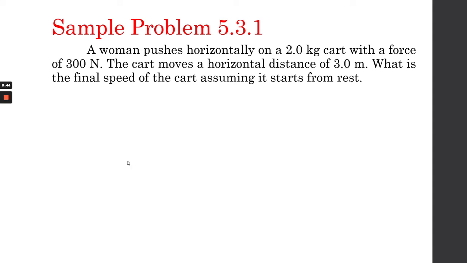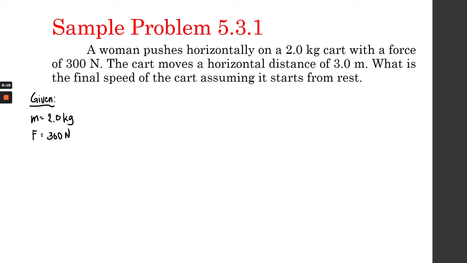So let's begin by writing our givens. Given for our problem, we begin with a woman who is pushing this cart with a mass of 2 kilograms. So the mass of the cart is 2 kilograms. And then she is pushing with a total force of 300 newtons.